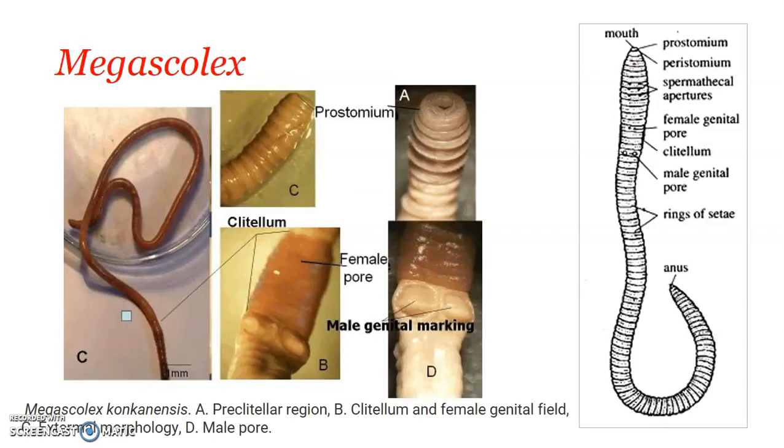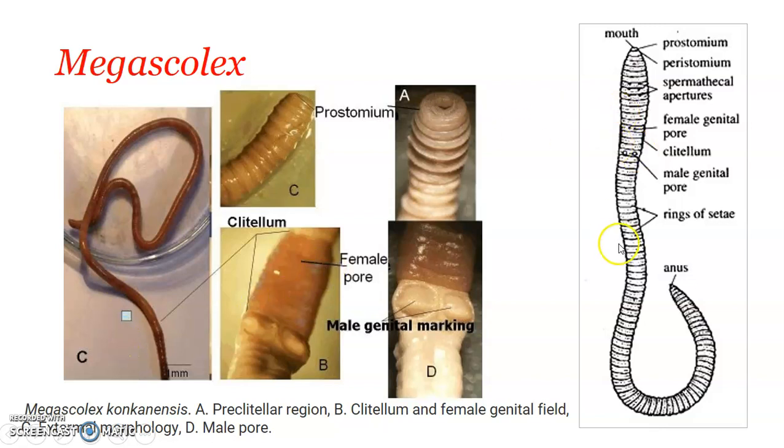The example which we need to learn is Megascolex, Megascolex concanensis. Megascolex is the earthworm commonly found in South India, and it has two common species, one of them being concanensis.